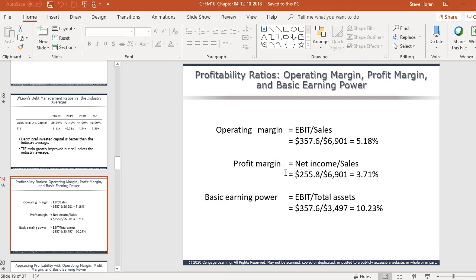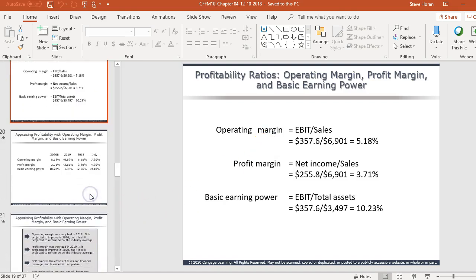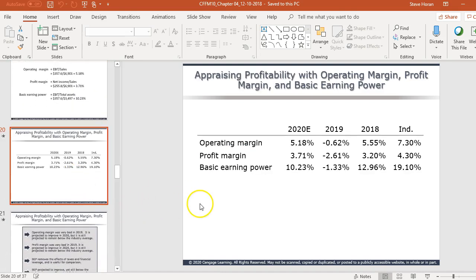So after every single expense is covered, for every dollar of sales, I have 3.7 cents of net income. And my earnings power is my EBIT divided by total assets. How efficiently am I using my assets to earn EBIT, which is kind of like your operating profit? And we'll trend those numbers out here.